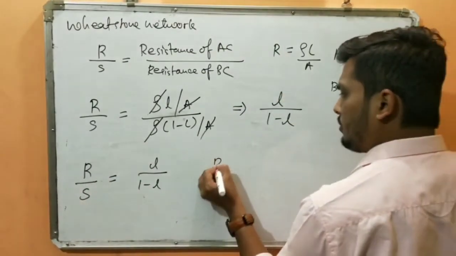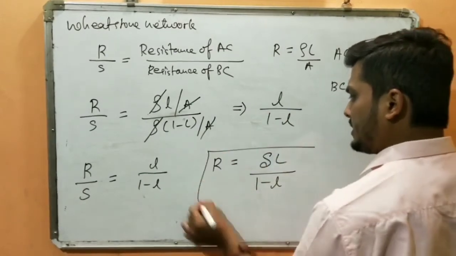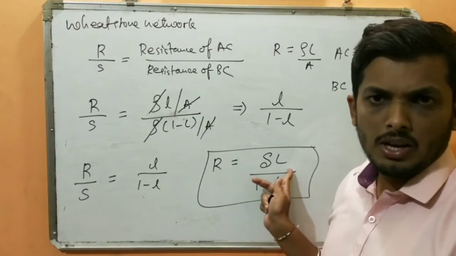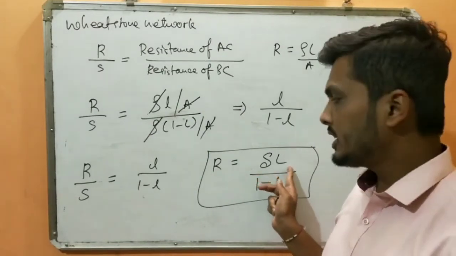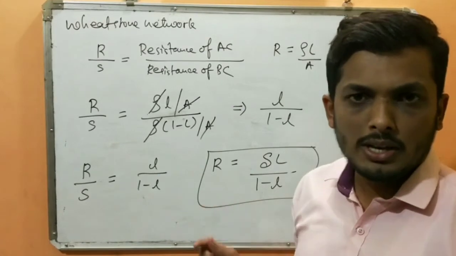So R will be SL divided by 1 minus L. So if I know the length where the galvanometer shows zero deflection, I can easily tell you the value of the unknown resistance.